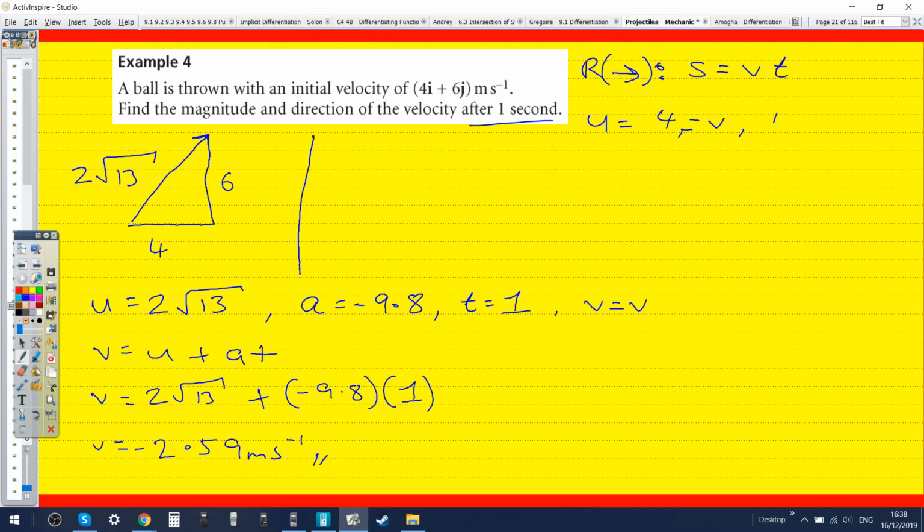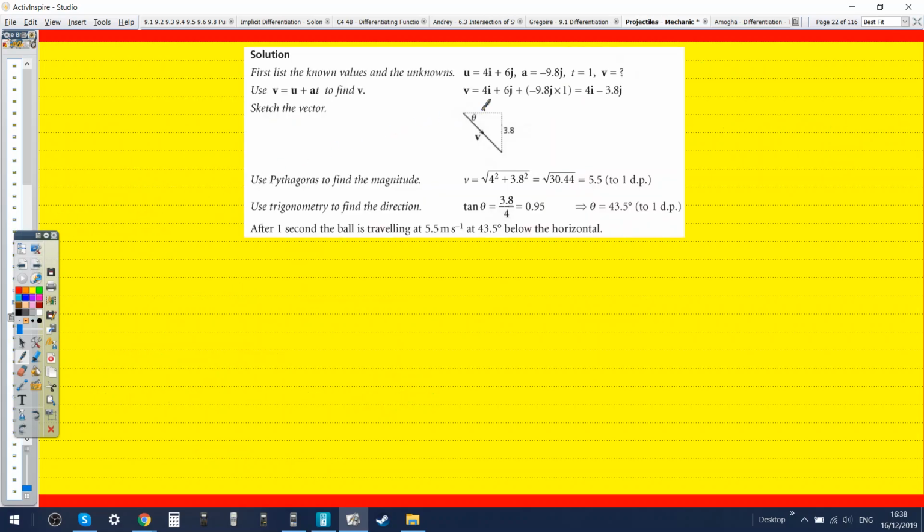And t is 1. And so what is s? Just 4. So after 1 second, its displacement will be 4.